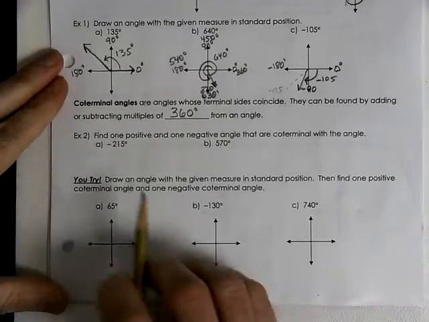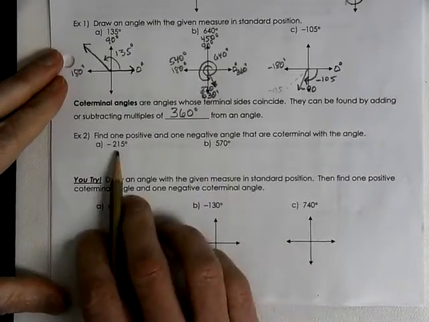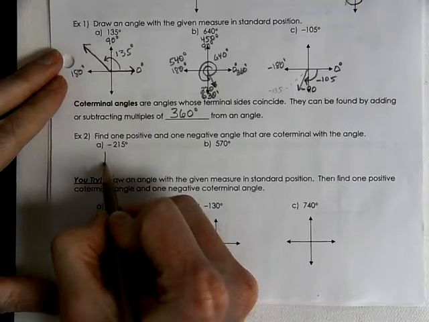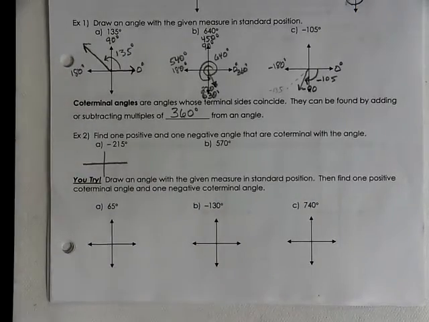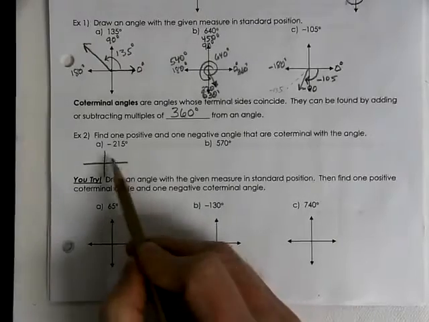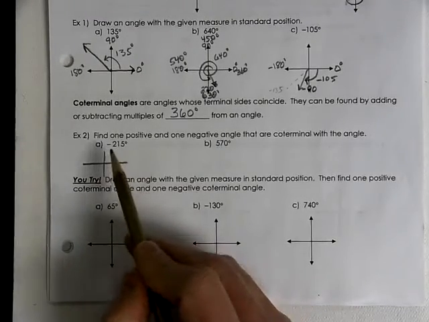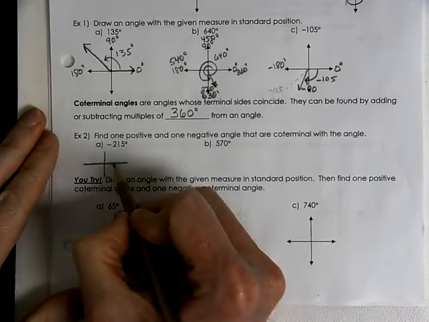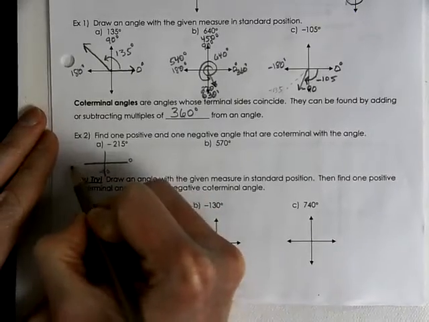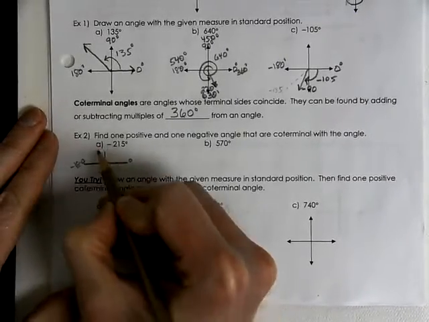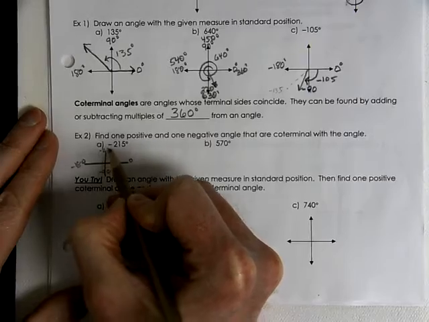So if we're going to find a positive and negative coterminal of negative 215, let's first do the geometry aspect to it. Let's do a little sketch to see where is negative 215. Well, again, this is 0, this is negative 90, this is negative 180, this would be negative 270.